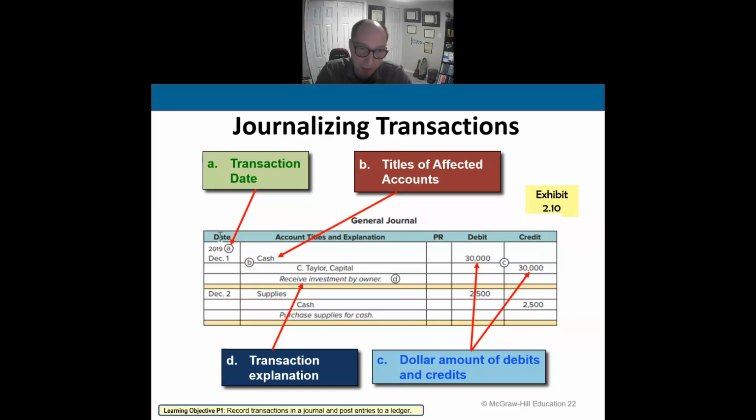In this first transaction on December 1st, we received cash as an investment from the company's owner. When we're receiving cash, we debit cash. Remember, to increase an asset account, we debit the asset account.